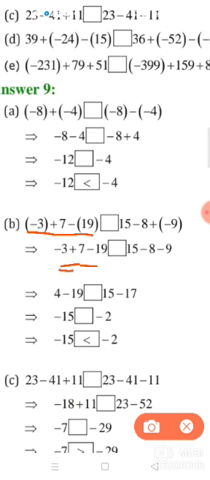We will solve this first. Negative 3 plus 7, plus minus becomes a minus. 7 minus 3 becomes 4, and 7 is the greater number with a positive sign, so we put plus 4 here.